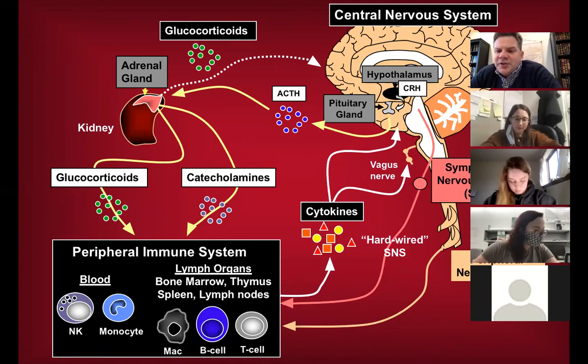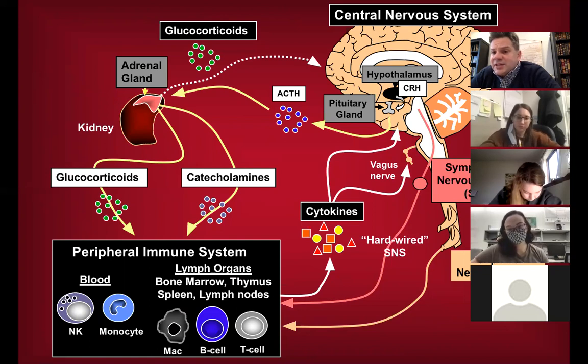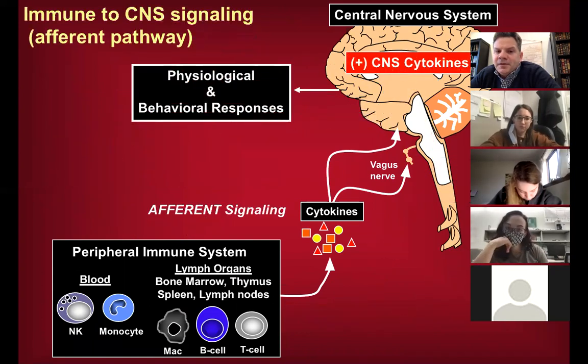Okay, so here's one of the slides I showed you, I think, in our first real lecture, this communication between the brain and the immune system, showing you that there are bidirectional cytokine-driven signals and also brain signals using the sympathetic and parasympathetic nervous system and the production of glucocorticoids and catecholamines. All right, and this is what we're going to start to talk about.